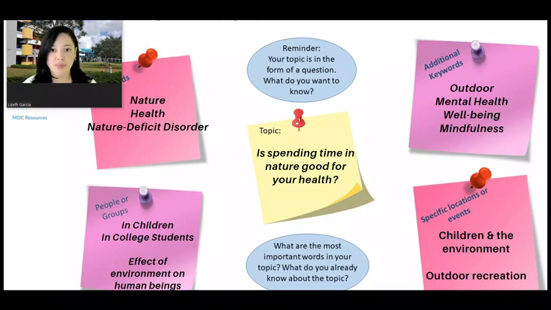But I want you to be consciously aware that the reason you do that is because not everyone organizes information in the same way. Whereas I might call it mental health, someone else might call it well-being or mindfulness. And so you're consciously, purposefully writing down words that are related. And the databases help you do that.